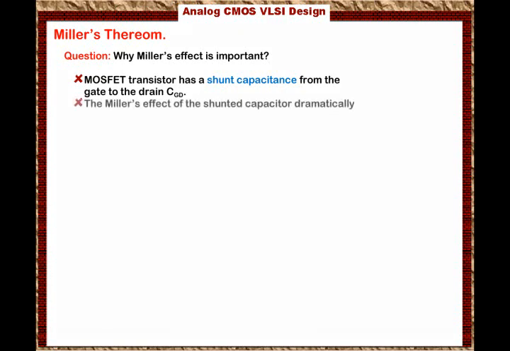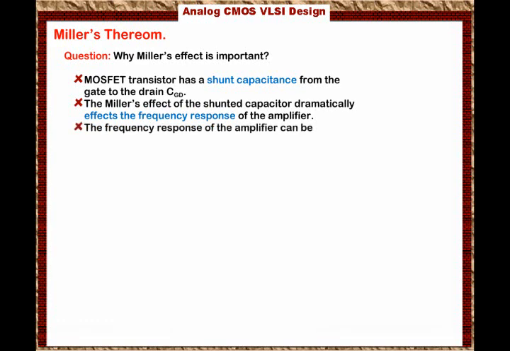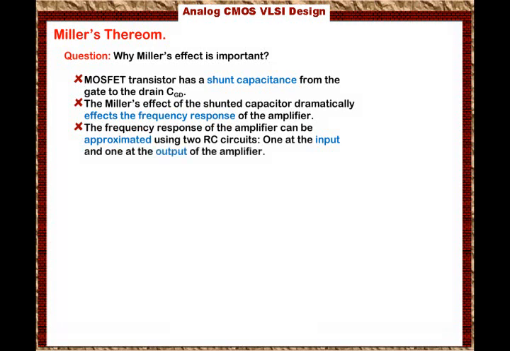Well, the Miller's effect of the shunted capacitor dramatically affects the frequency response of the amplifier. Then the frequency response of the amplifier can be approximated using two RC circuits, one at the input and one at the output of the amplifier.